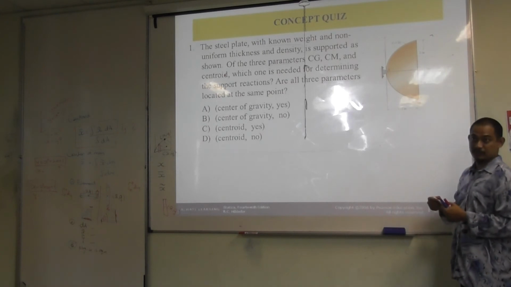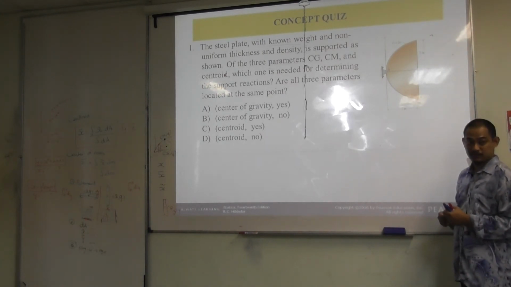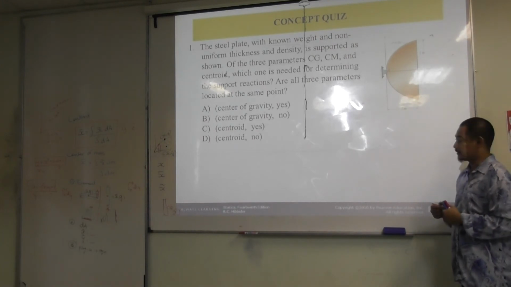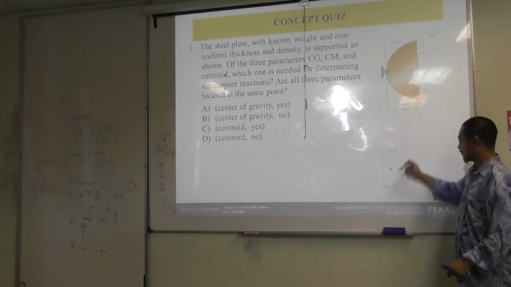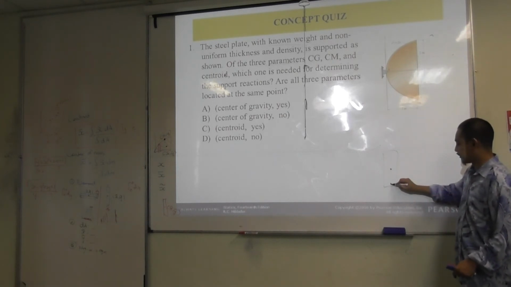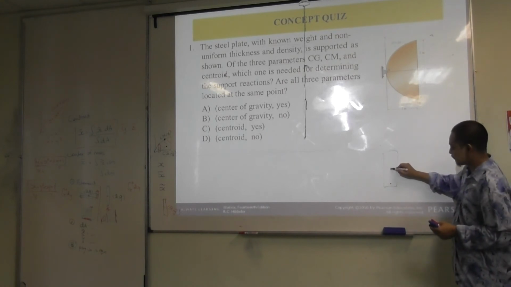You still remember the example of the bus? The centroid is here, right? Center of gravity can be lower, right? Why is it different? When is it different, and when will the center of gravity be here also?